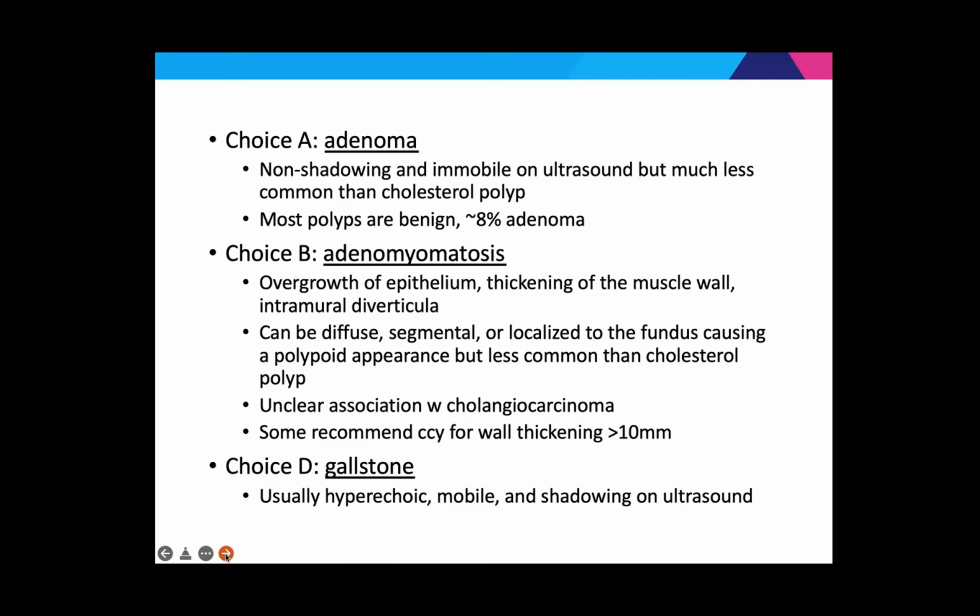Its association with cancer is unclear, but most people would agree that gallbladder wall thickening greater than 10 millimeters should undergo cholecystectomy. And lastly, as we discussed before, gallstones are hyperechoic and shadowing on ultrasound, so it will be an incorrect answer choice for this one.